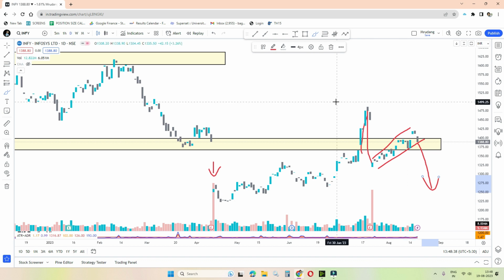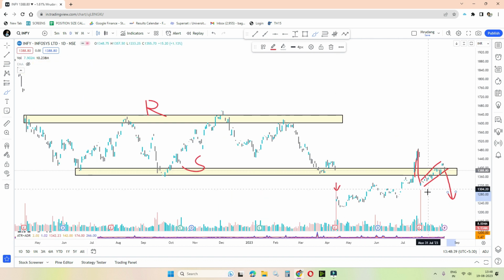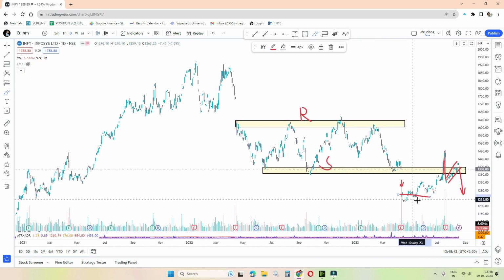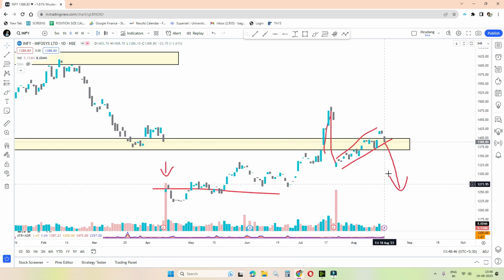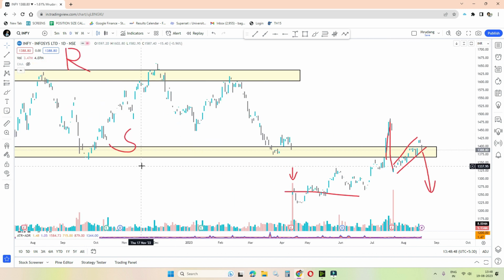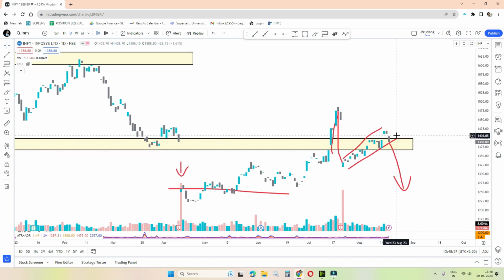Infosys is a great stock to watch. I hope you understand this analysis: because the support was broken, that support became the resistance for that stock. So again, this stock is near the resistance zone.